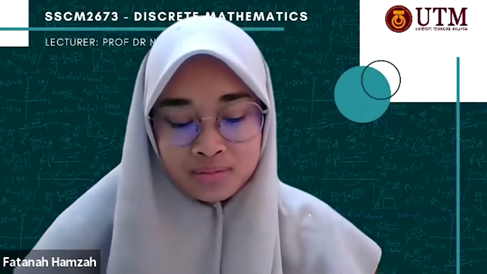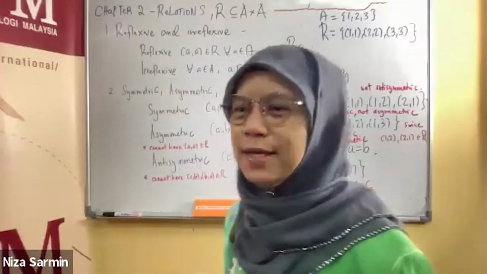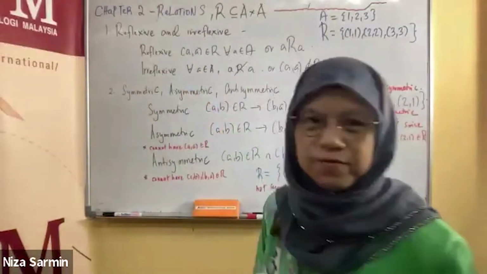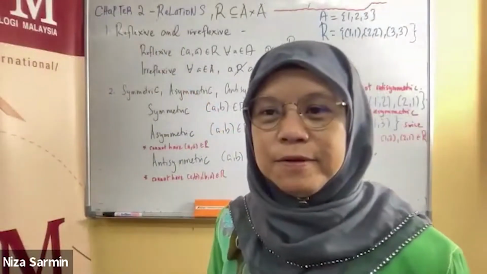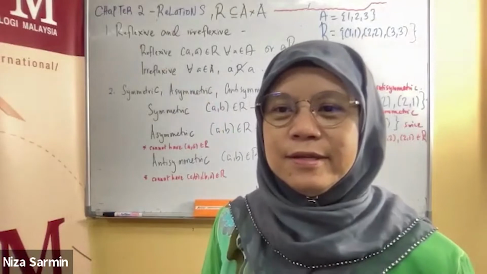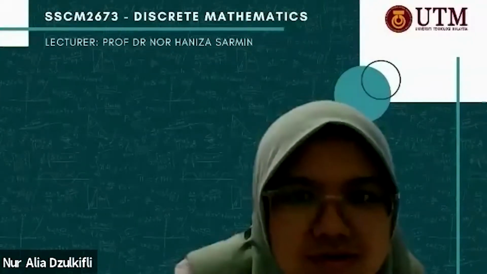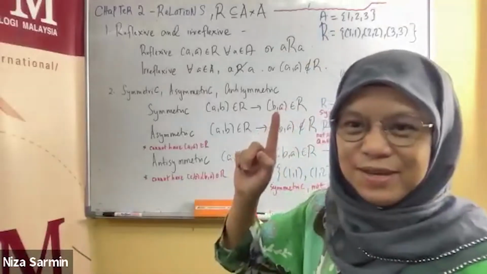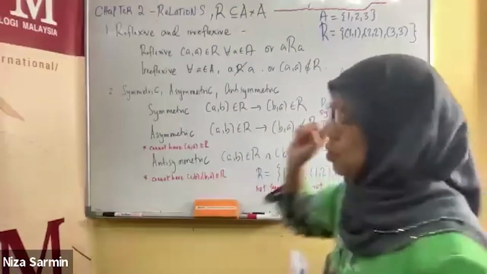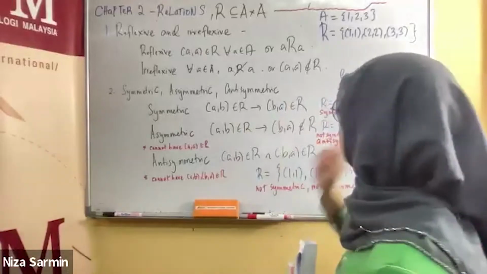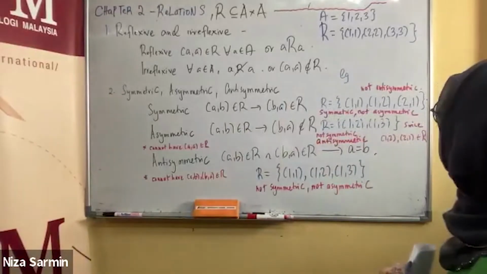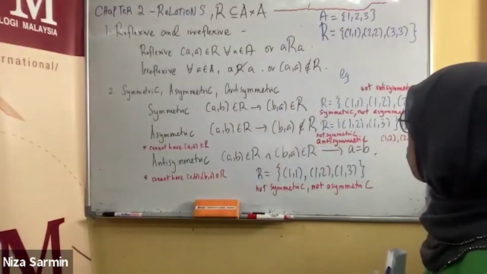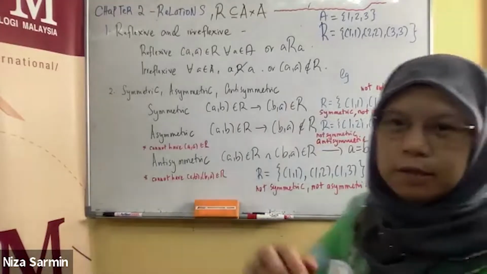Next would be Nur Alia Zulkifli. Is it irreflexive? No, because you have (1,1), or you have (2,2), or you have (3,3). Okay.